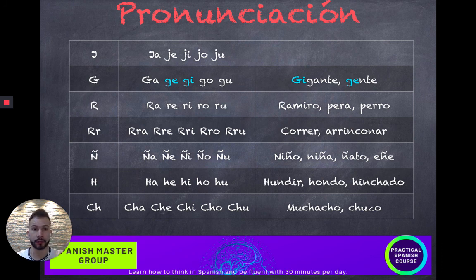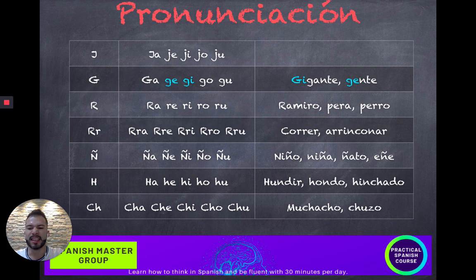The light sound is one R in the middle of the word. Pera or Ramiro. Double R. Ra, re, ri, ro, ru. Whenever you see two R's, that's always the strong sound. Correr. Double R. Arrinconar. Double R. So the strong sound. Now you know when to use the strong sound and when to use the light sound of R.